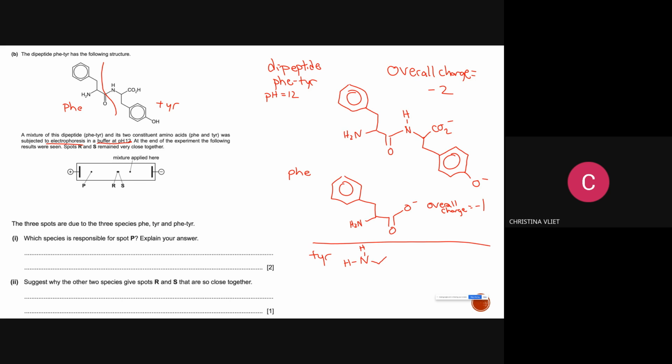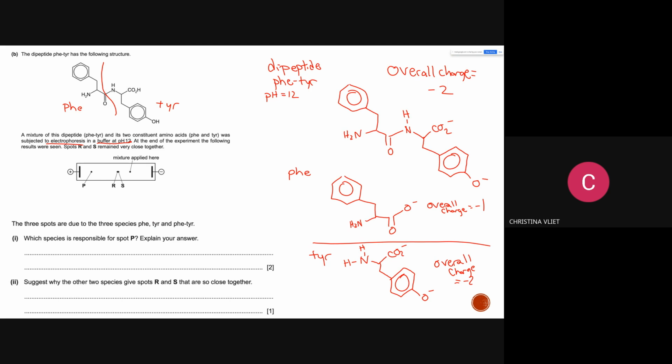What does that become at a pH of 12? CO2 minus, right? And then down here, what happens to the phenol at a pH of 12? O minus. That's an acidic group. What's the overall charge here? We have enough information to answer the question.